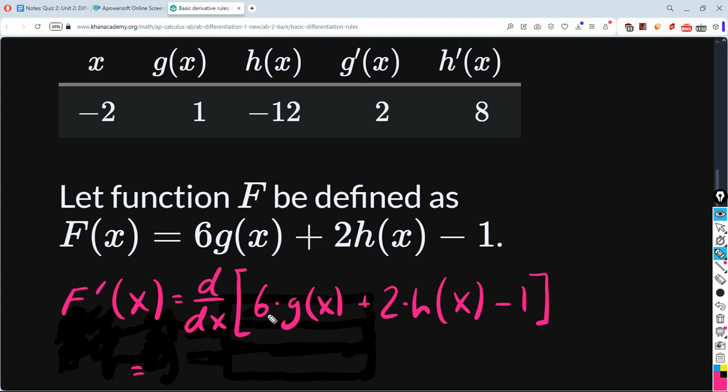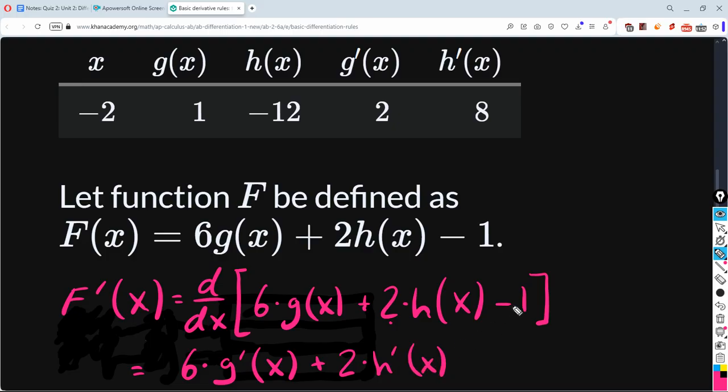So the derivative of 6 times g of x, well, we said in the beginning notes, you keep the constant term 6, and you multiply by the derivative of g of x, so that's going to be g prime of x, plus, and same thing here, 2 times h of x, well, we keep the constant term 2, and we multiply that by the derivative of h of x, so that's going to be h prime of x.